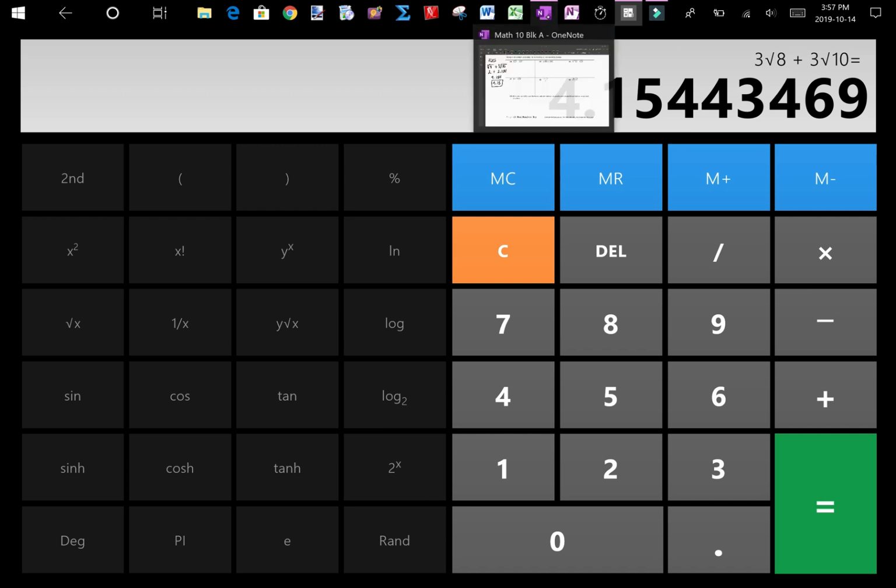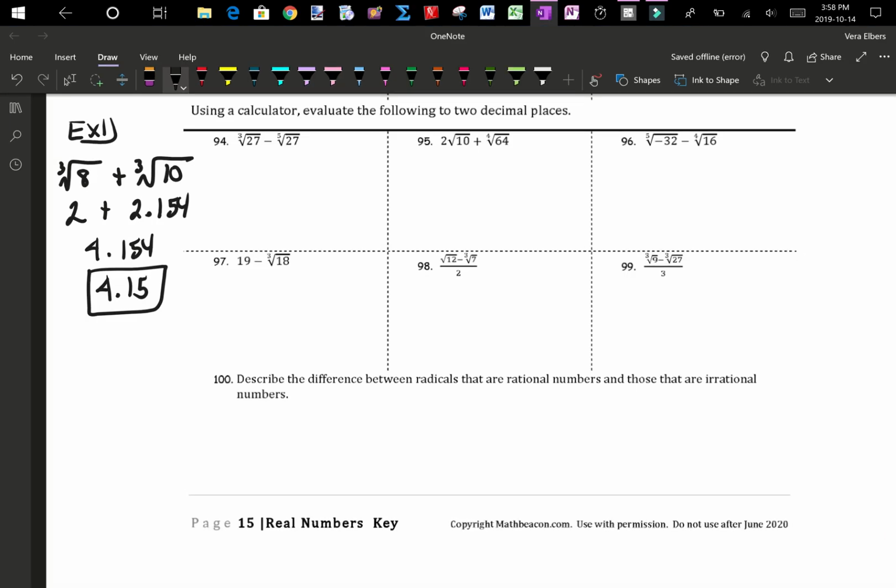All right, so let's go to our last example, which is -3 times the square root of 12 minus the 4th root of 625. So -3 times the square root of 12.